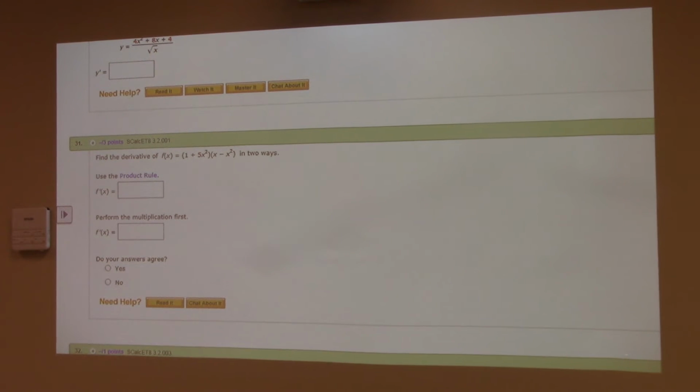We were doing this the other day in class, and your answers should agree. So take this one, 1 plus 5x squared, parentheses, x minus x squared. And that'll be your product rule.